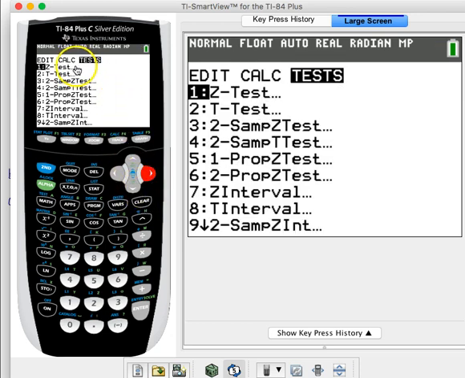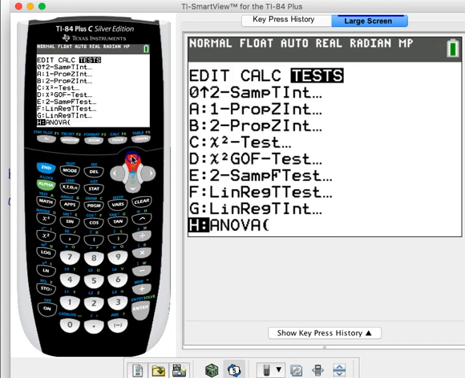We're going to learn almost every single test that is in here by the time we finish this course. But the one that we're using right now is going to be choice A. You can either scroll down or scroll up. You can also press alpha A if you want.